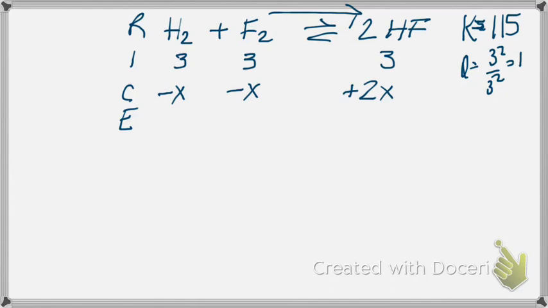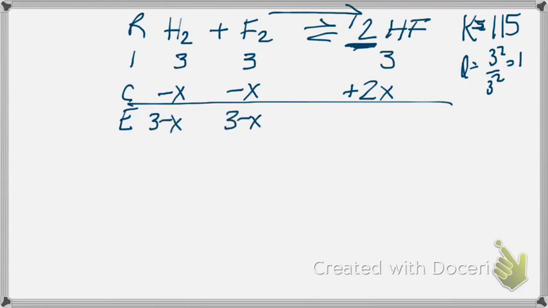Why 2X? Because of that 2 right there. Because HF is going to appear twice as fast as the other ones disappear. Remember that from kinetics. Okay? So at equilibrium, we have 3 minus X, 3 minus X, and then 3 plus 2X.